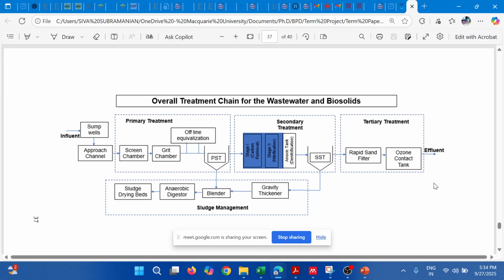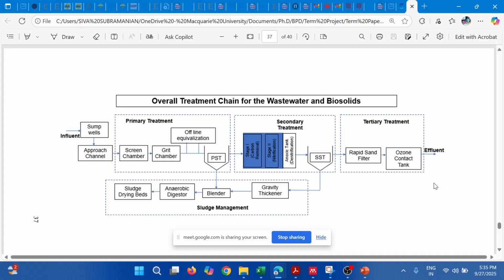But in both cases we can tell that MBR is the advanced version of ASP, and similarly MBBR is also the advanced version of ASP. So can we tell MBBR is the advanced version of MBR or not? That's my question. No. See here, all these things are separate things.